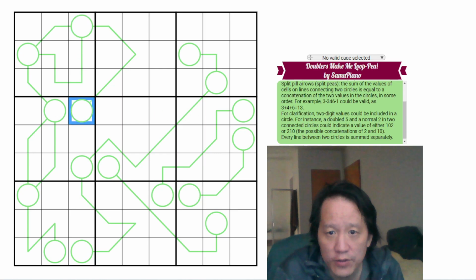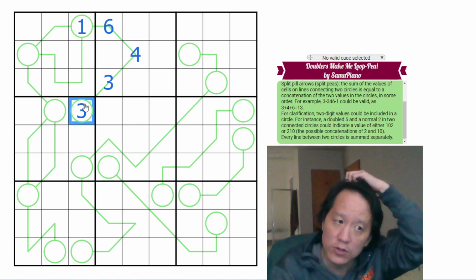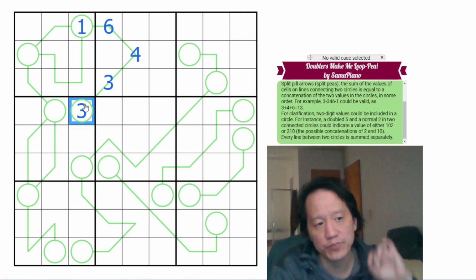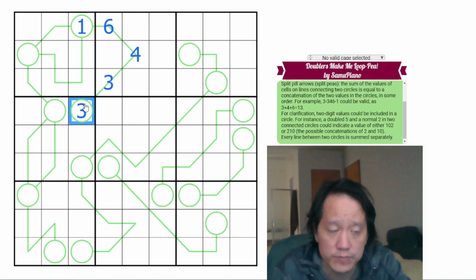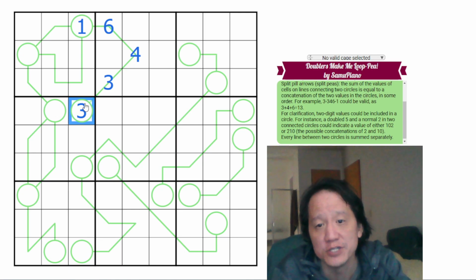Say you had 3, 4, 6, and 1. That is valid because 3, 4, and 6 adds up to 13, which uses these two digits concatenated together to form a two-digit number, essentially.